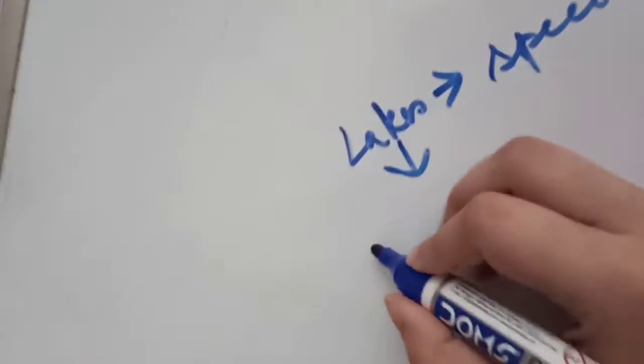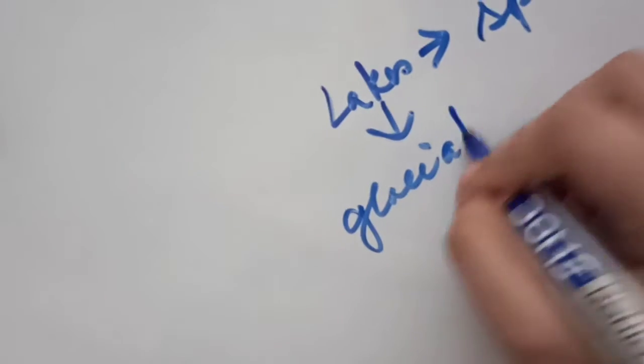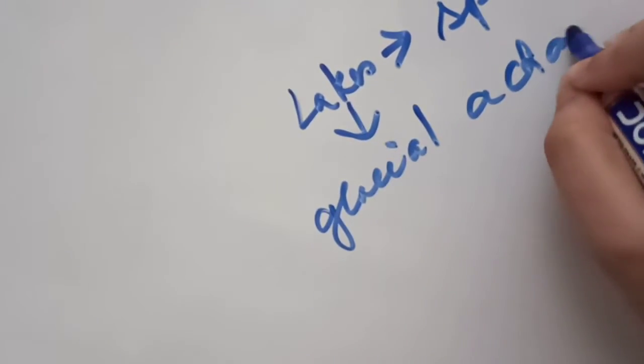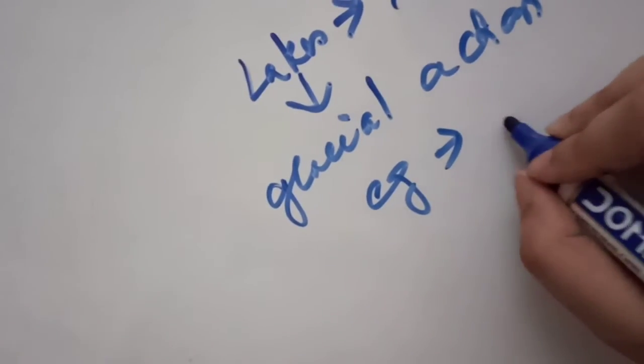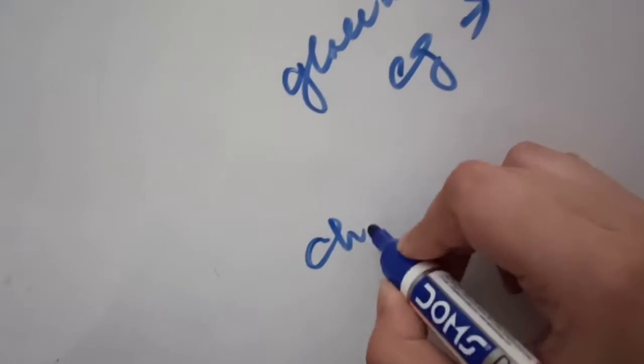These lakes are generally formed due to this glacial action. Examples of these great lakes are Deer, Great Bear, etc.